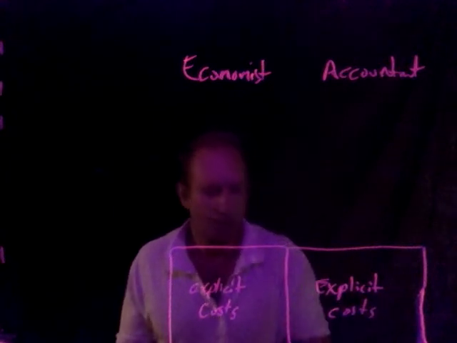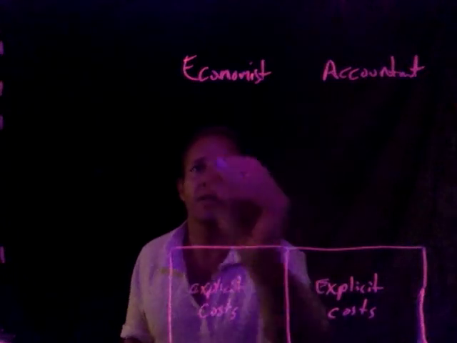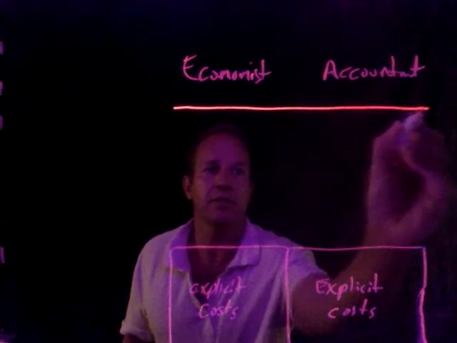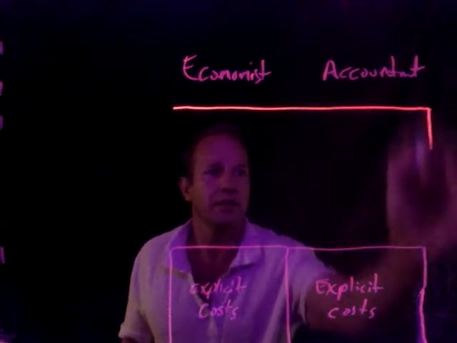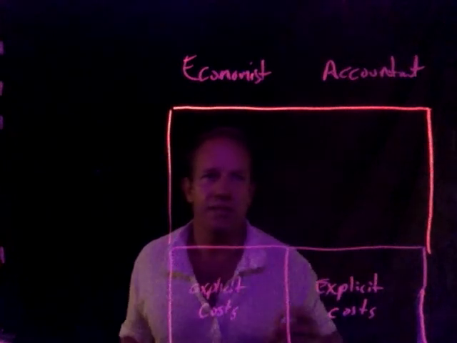Okay? And let's say this level is how much money the firm brought in. And the economist and the accountant both see the same thing.